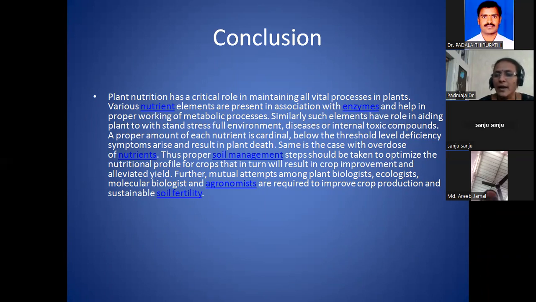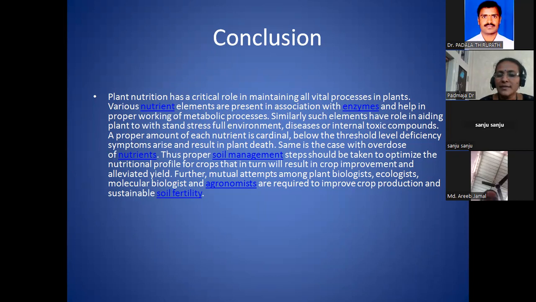If any element is deficient, the total metabolic activities will be affected. That means life processes like photosynthesis, respiration, nitrogen metabolism, translocation of solutes, and the absorption of water will all be affected if the intake is affected.